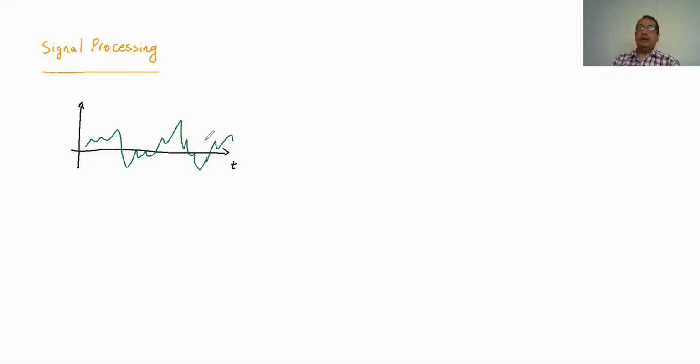So before your voice is sent over the antenna, the phone might do some signal processing in order to remove the background noise, only keep your voice, and then send it.